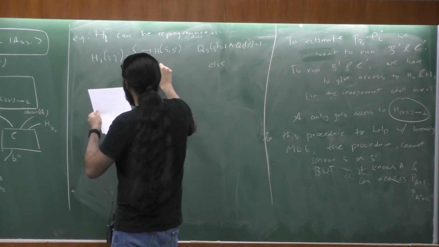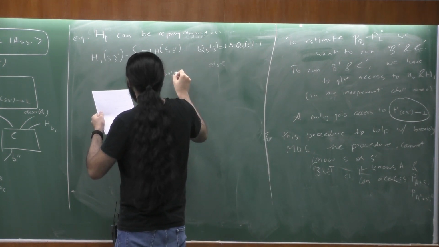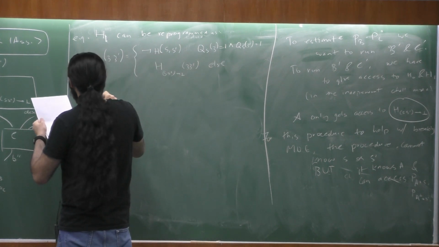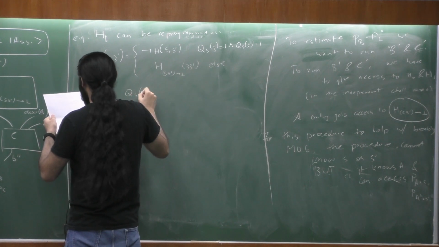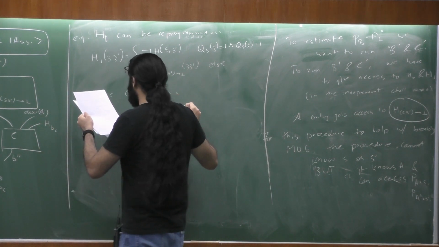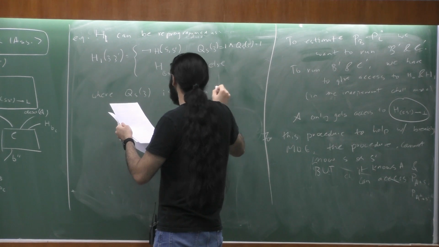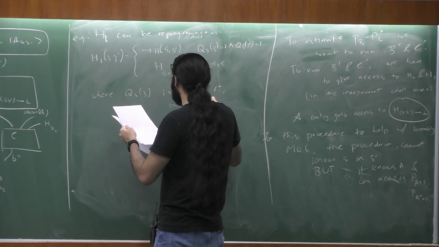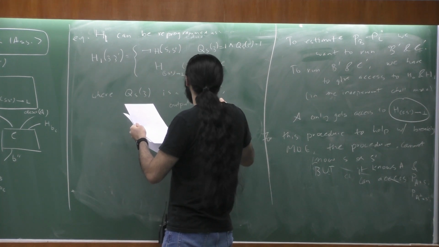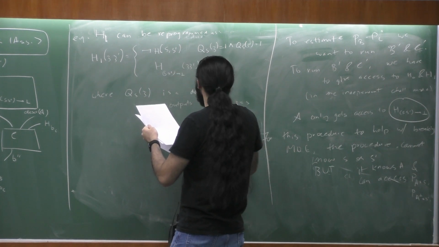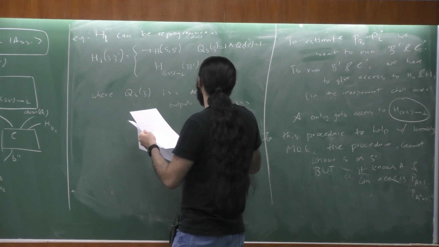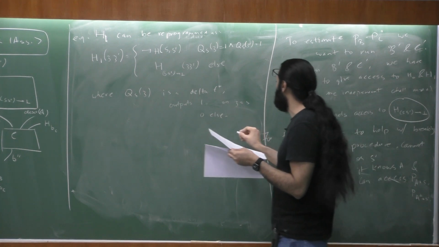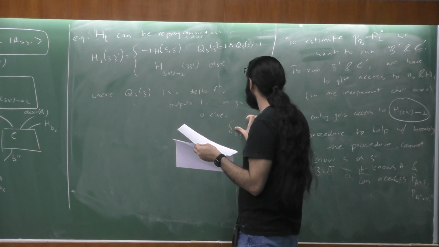This is otherwise, SS' goes to perp and you ask on ZZ', where Q_S on Z is a delta function that outputs 1 only on Z equals S, 0 else. Let's just say this. Okay, so yeah, you could also just write delta_S(Z), or delta sub S, whatever, doesn't matter.